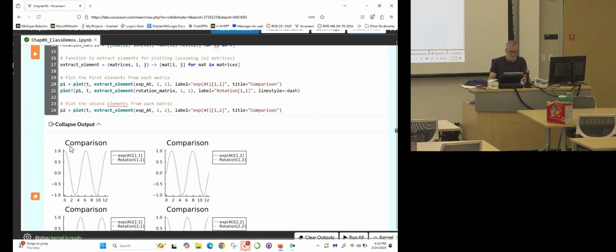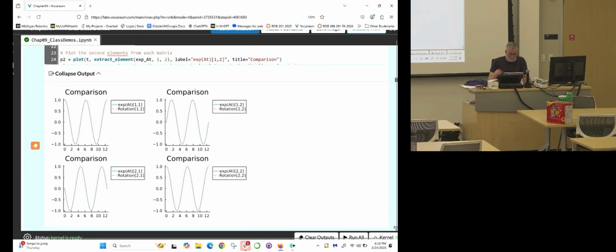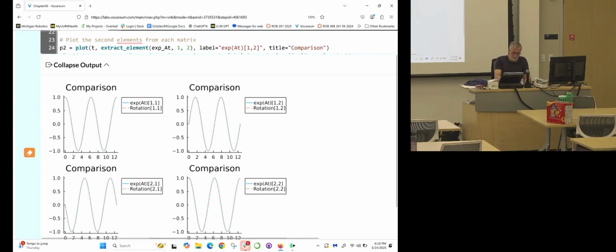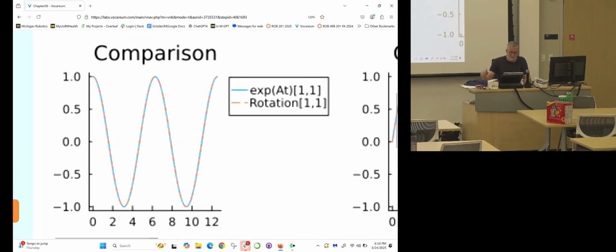And then we're just going to plot them. When you plot them, all the entries line up. So Julia computes the matrix exponential, the power series of A, for each value of time; we did it for 100 of them.